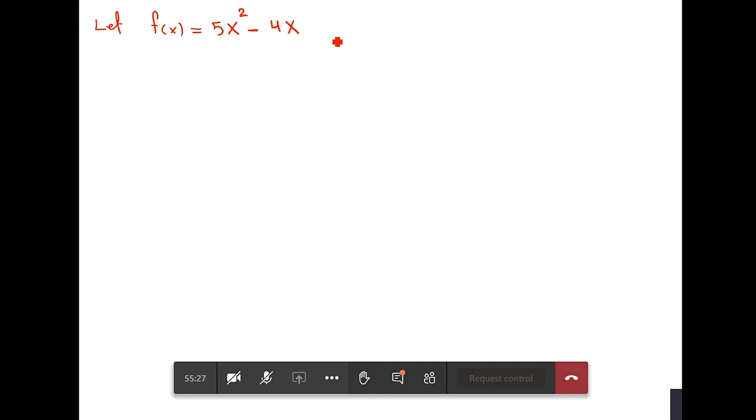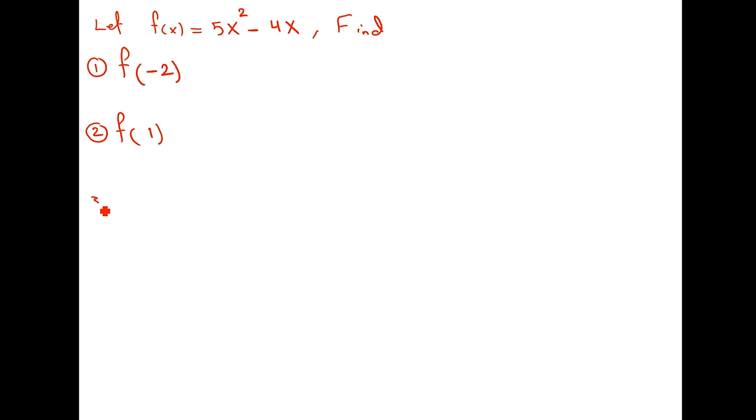We need to find: number 1, for example, f(-2). Number 2, f(1), for example. Number 3, f(2x). Number 4, f(x + h), for example. And if you want to suggest, you can add a fifth one and we solve it.